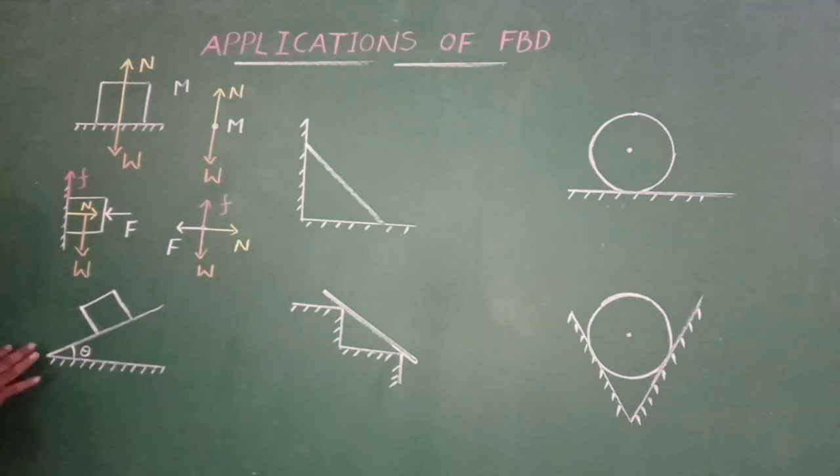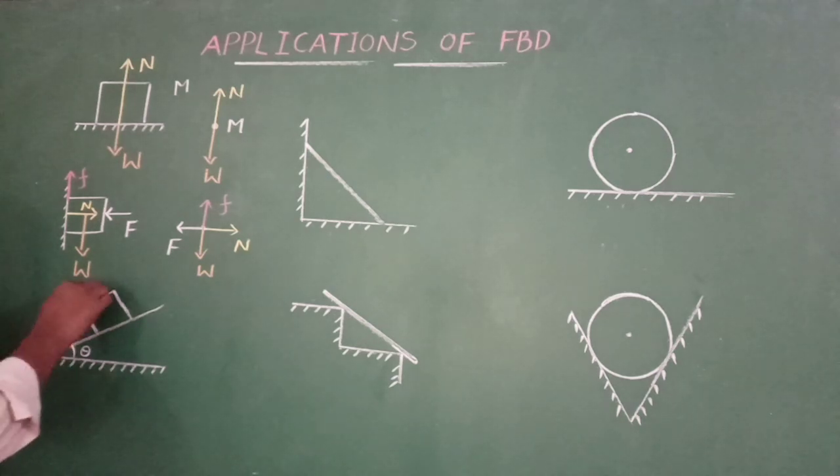Next, come to the third case. Here, the object is placed on an inclined plane. This object has only one contact, with the inclined surface. That's why only one contact force is acting, the normal reaction.